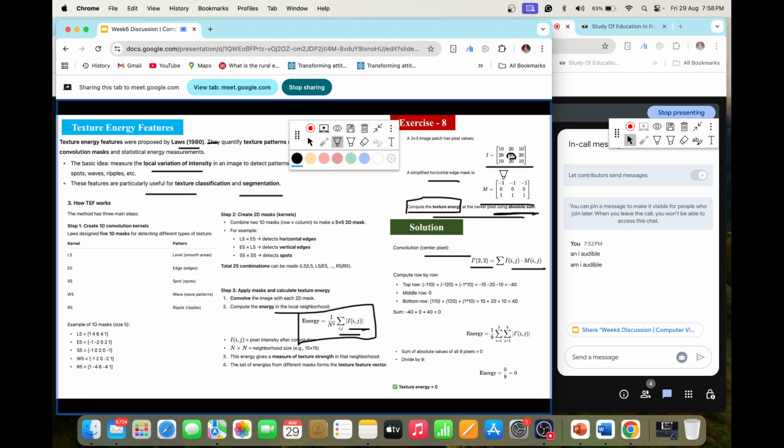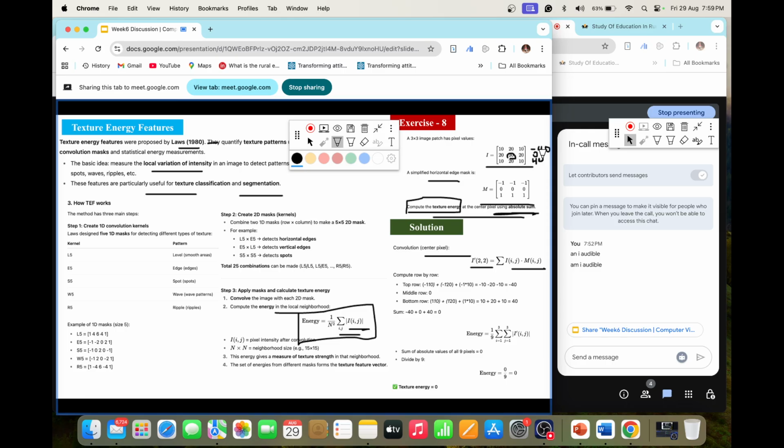First row: minus 10, minus 10 plus 20, minus 10, minus 20, minus 10, so that is minus 40. The second row is 0 0 0, and the third row is 10, 20 and 10, that means 40. So this row summation gives minus 40, this row gives 0, and this row gives 40.